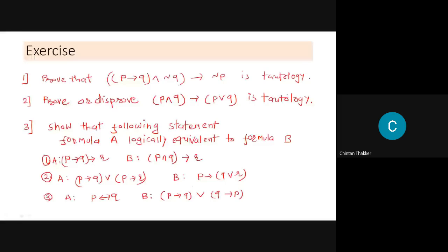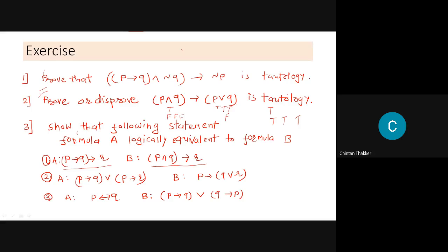What about the second? Are A and B equivalent or not?